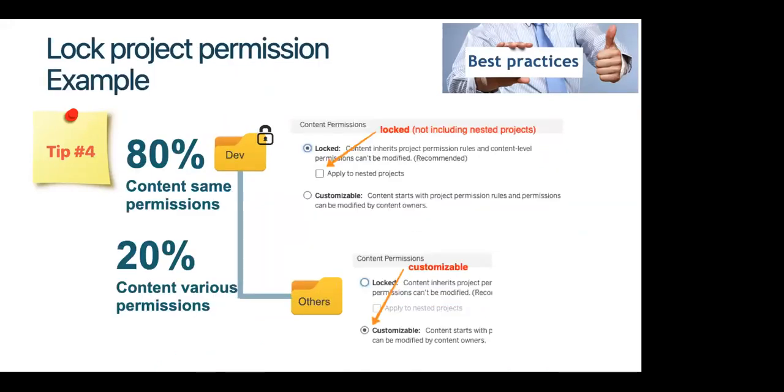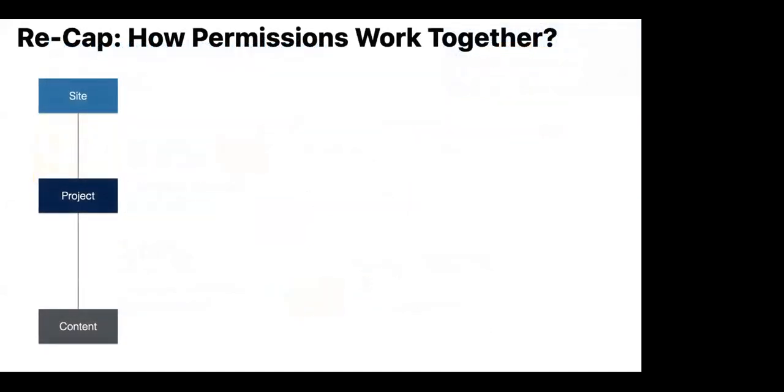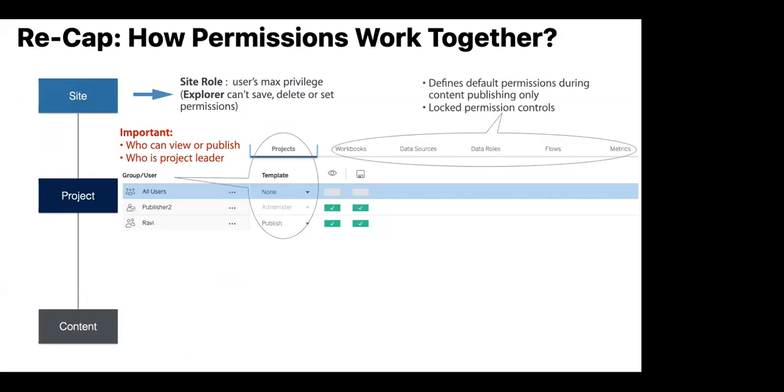Another example, as a key takeaway I showed you earlier, 80/20. Okay, recap how permissions work together: site role, and then project level, who can view or publish into a project, and who is a project leader. At the project level, the workbook, data source, other rules are either default or serving as locked permission.